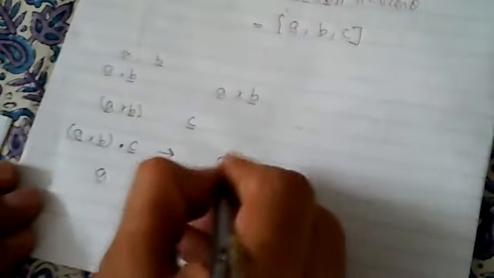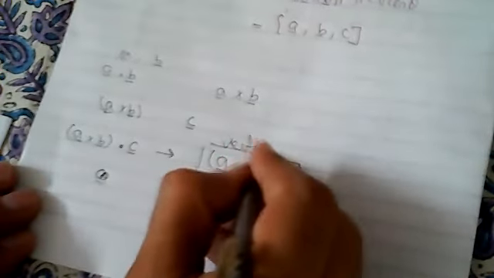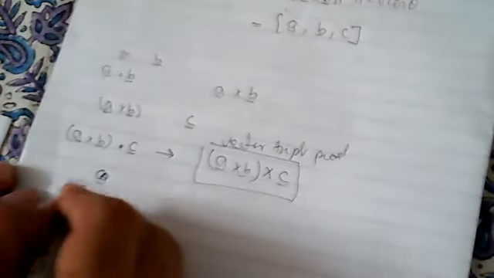A cross B is a vector, C is a vector. When you take the cross product between them, that is called the vector triple product.